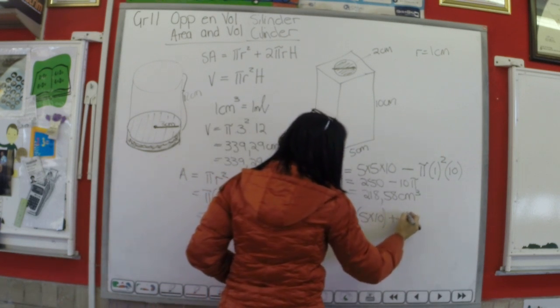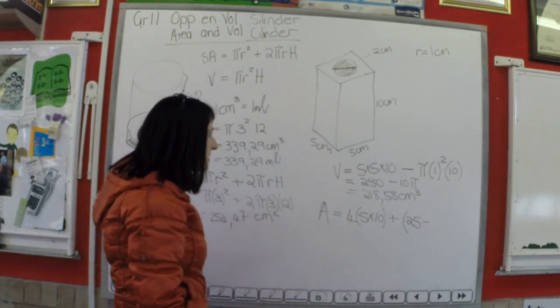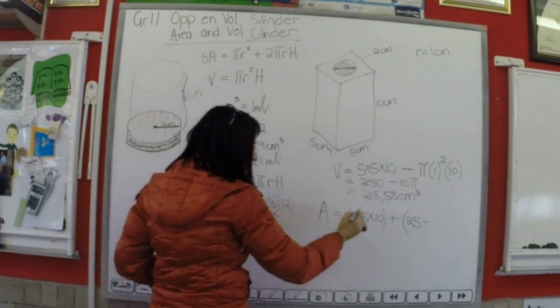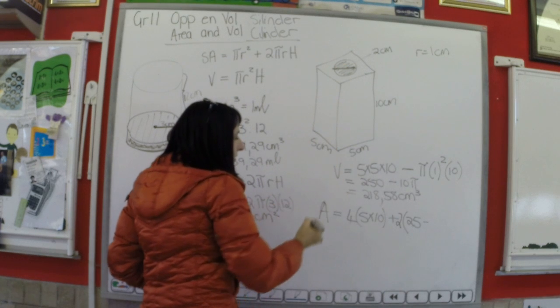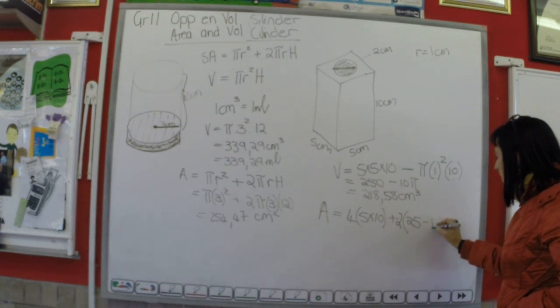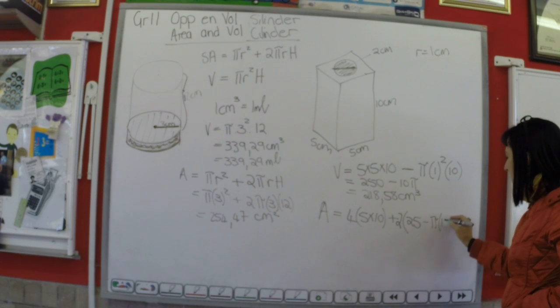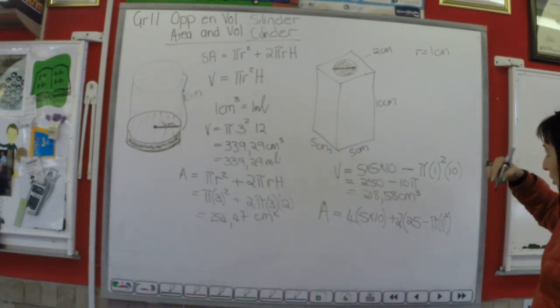So that's 25 minus, there's 2 of them, minus the area of the circle. Nou kom ons gaan kyk, die oppervlakte van die sirkel is pi radius kwadraat en die radius is 1 kwadraat. Okay, so I must deduct that whole.